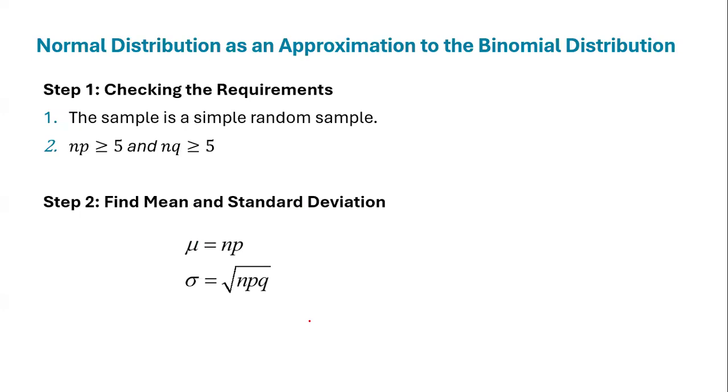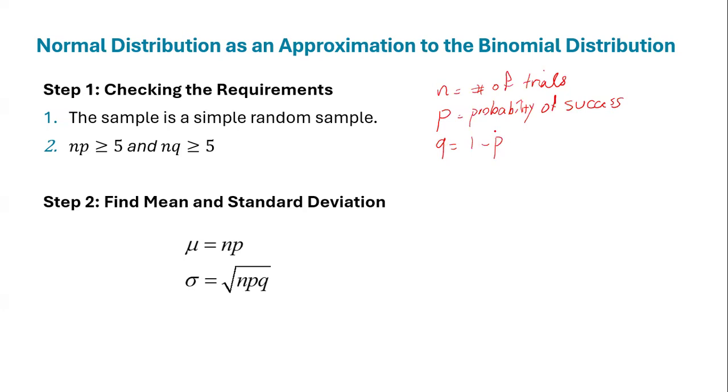So what are the requirements? First, the sample must be a simple random sample. Second, n times p and n times q must both be greater than or equal to 5. If you remember, n is the number of trials, p is the probability of success, and q is the probability of failure, which is 1 minus p.